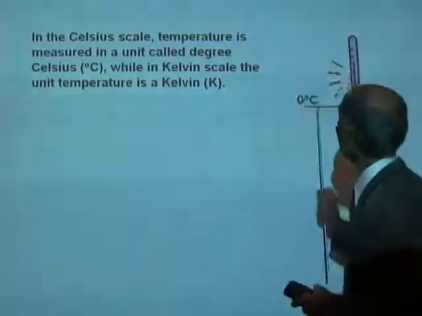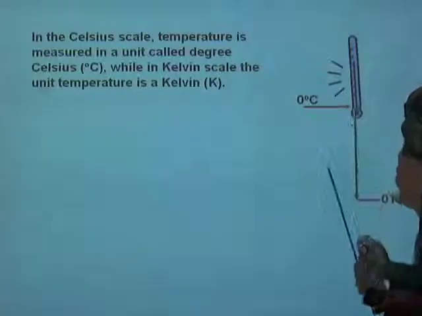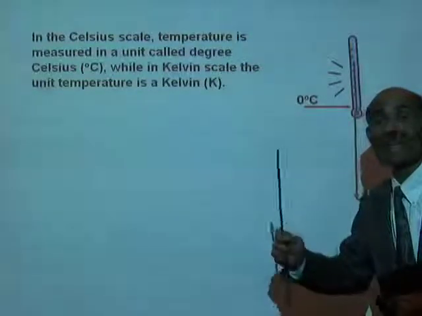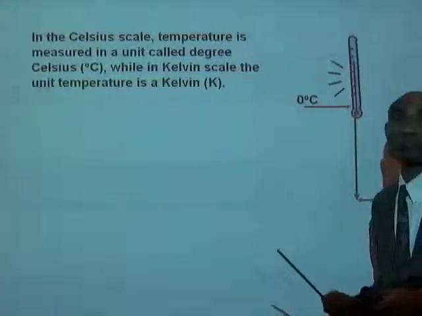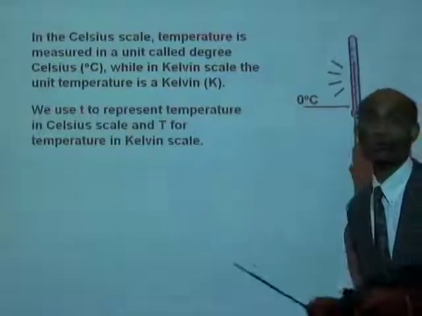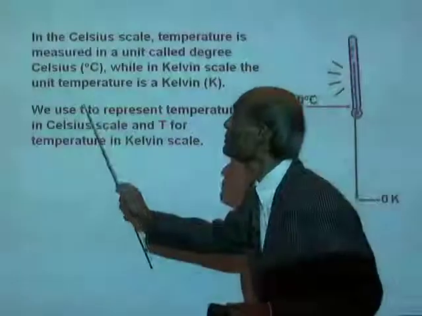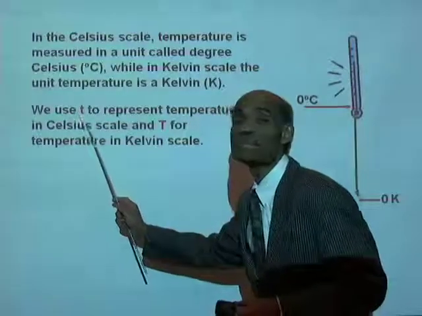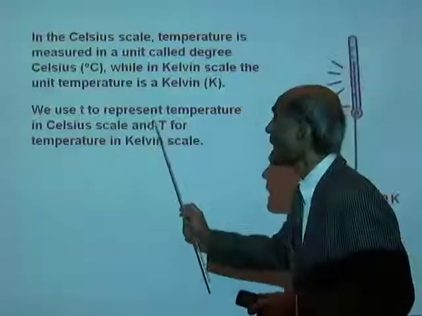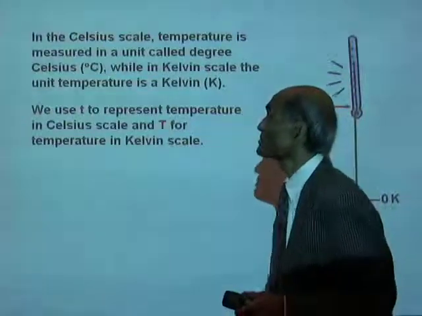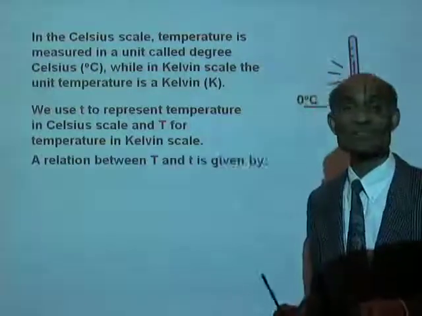So can you tell me, 0 degrees Celsius is how many Kelvin? If this is 0 Kelvin, well, I haven't given you the relationship. I will talk to that in a minute. We will use lowercase t to represent temperature in Celsius and uppercase T to represent temperature on the Kelvin scale.